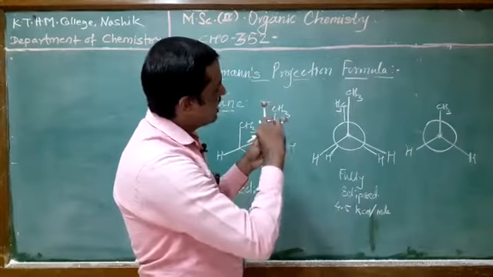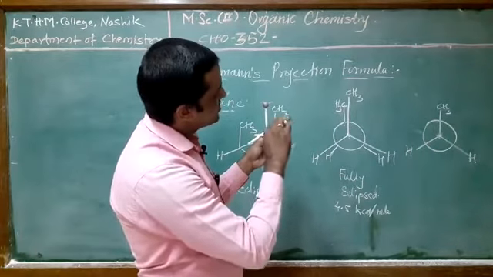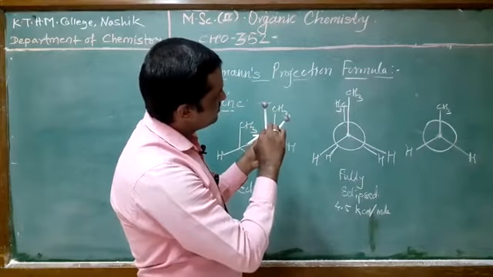So if I rotate the backside carbon by 60 degree, exactly the middle situation is obtained.